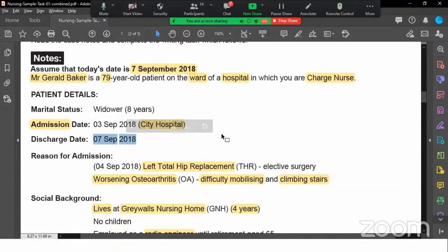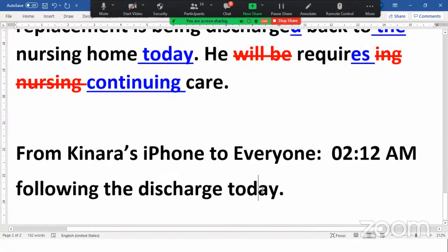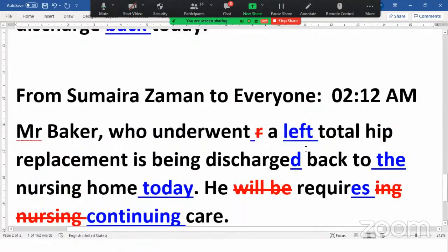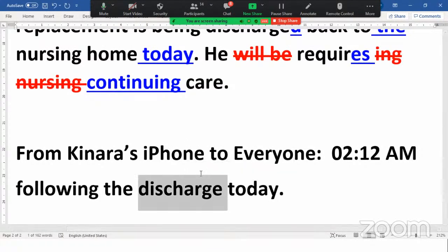Today's date is this one, but the discharge date may be 8th or 9th September also, so one or two days earlier you may be writing. You have to relate that. So you have to bring that word today. Discharge is already there. Right.